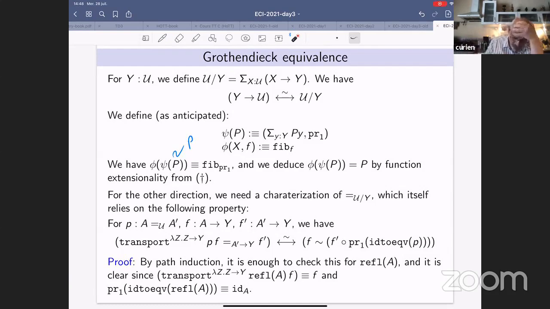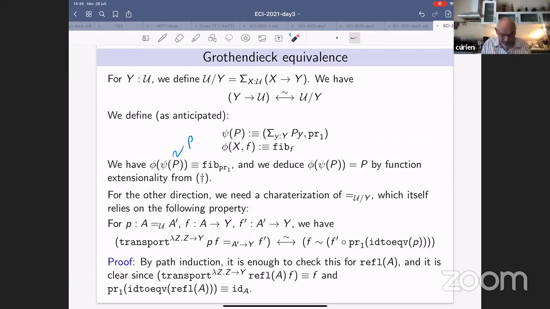So the function part, which is pr1, is the identity function. So we know that this is definitionally the identity function. We know, of course, that composing with the identity function is doing nothing. So we know that this guy is F prime.